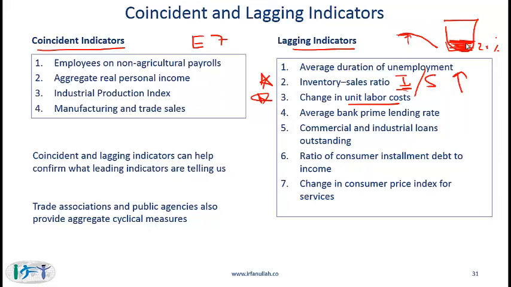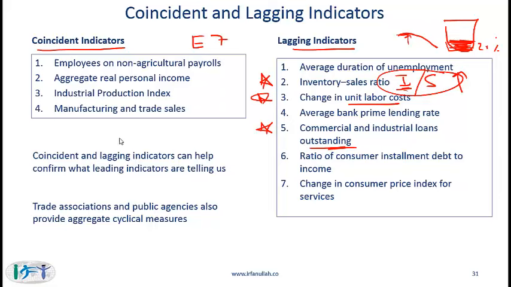Businesses are slow at laying off people, and that is why a change in labor cost is a lagging indicator. Commercial and industrial loans outstanding. This is slightly tricky, but remember this is also a lagging indicator. Generally, these loans are used to build inventory, and therefore this is a lagging indicator for roughly the same reasons that we discussed over here.